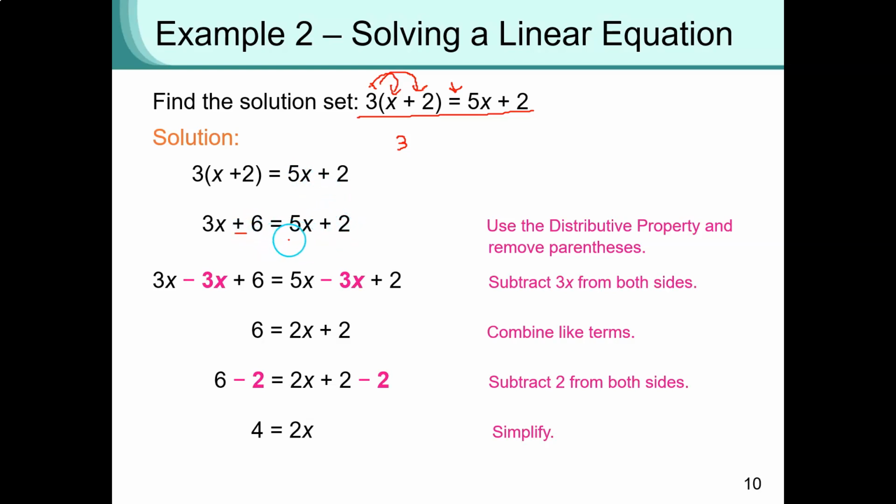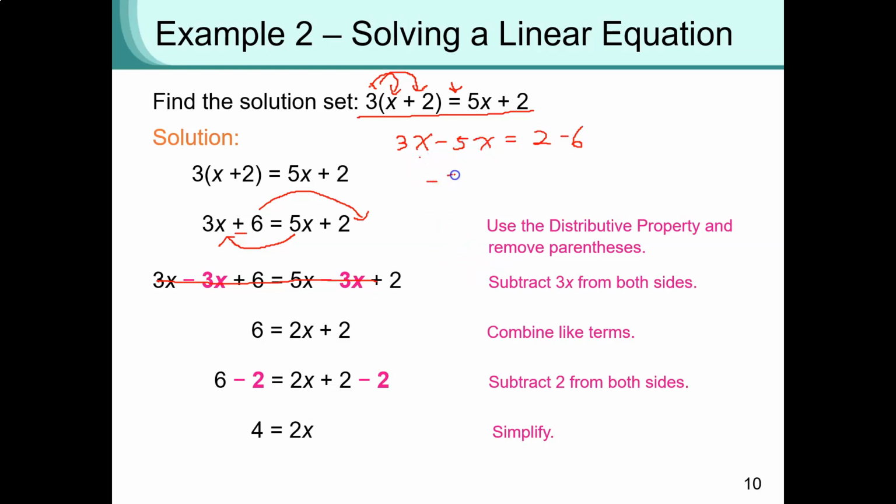Now we combine like terms, which means the variable terms go to the same side, the number terms go to the other side. Okay, I'm going to do my way. I don't like the PowerPoint solution here. So I'm going to bring the 5x to the left hand side and bring the 6 to the other side.